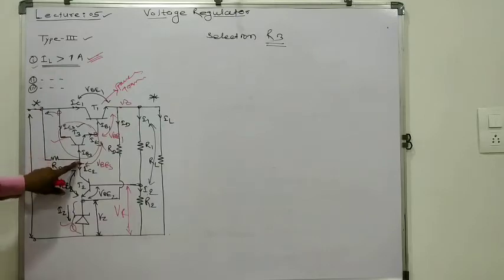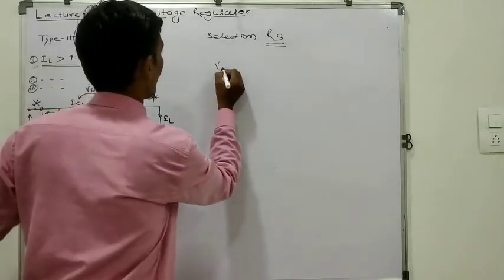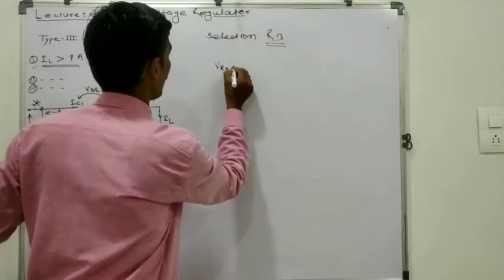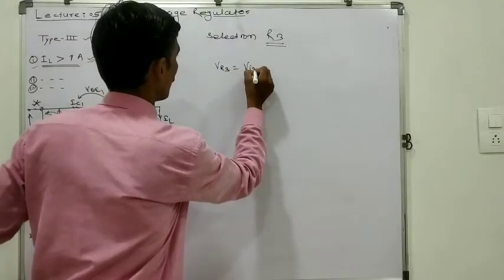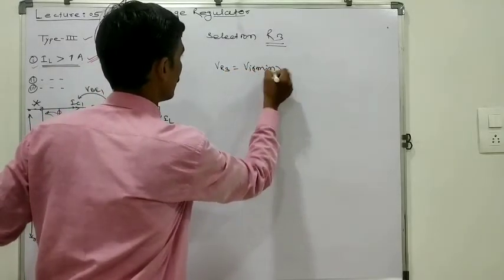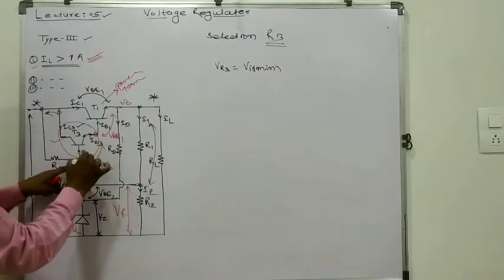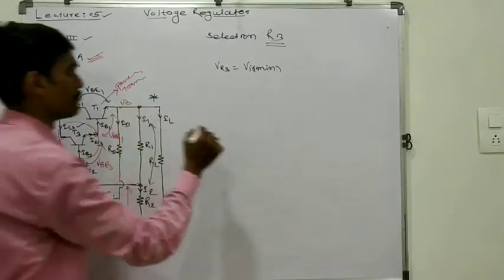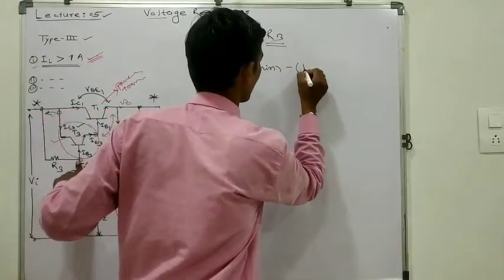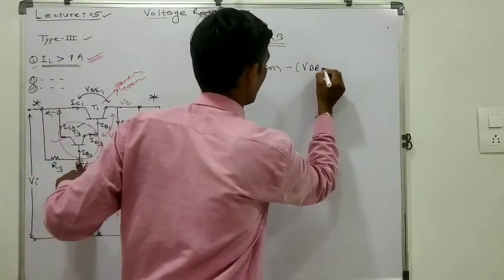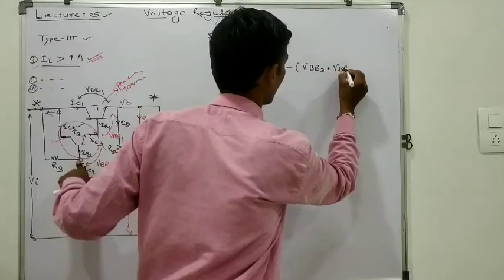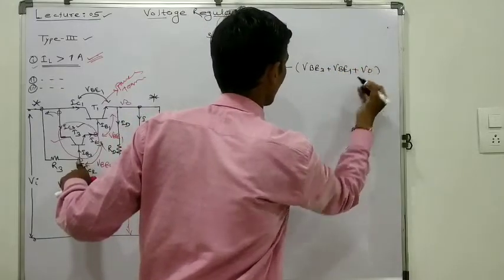The voltage available at this point is the addition of VBE3, VBE1 and VO. So VR3 is VI minimum minus (VBE3 plus VBE1 plus VO).